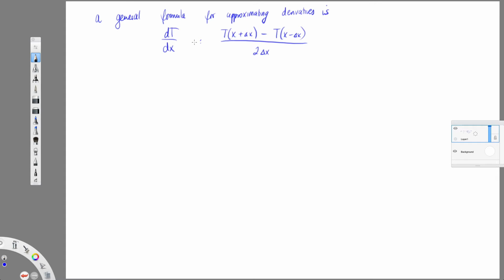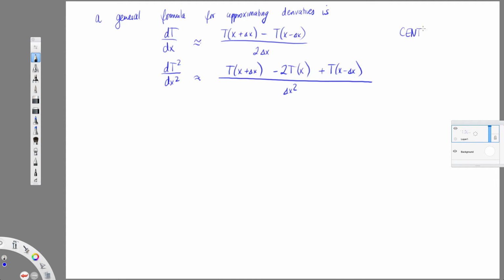So this is for first order. And for second order, T of x plus delta x minus 2 T of x plus T of x minus delta x, divided by delta x squared. These are so-called finite differences, and they're centered at a point, so we call them central finite differences.